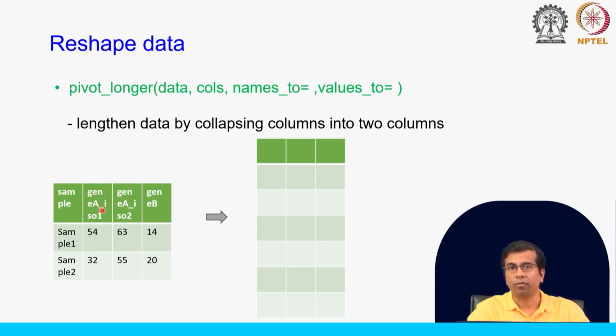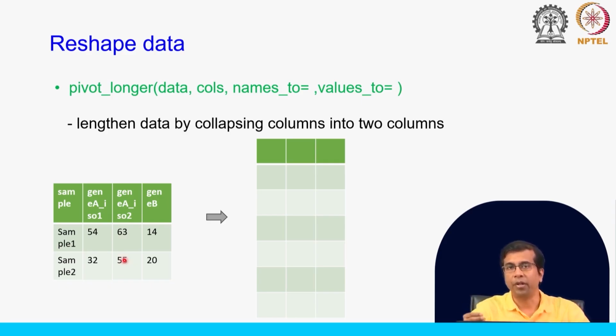Let us say we want to collapse these two columns. This is slightly different from what we have seen with separate. It is asking where these names should go. These names will be put in a column, and the values under these, here and here, will be put in a separate column.